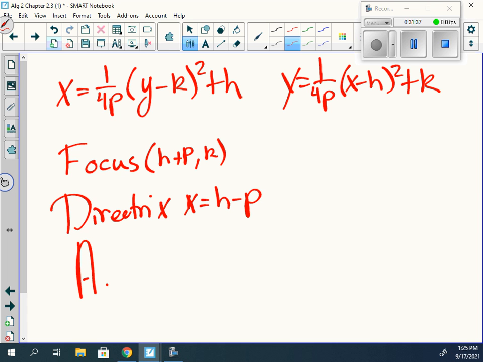And axis of symmetry is, we'll look at this one first, and if we have time, we'll look at the other one. But this here is the general equation that we have.